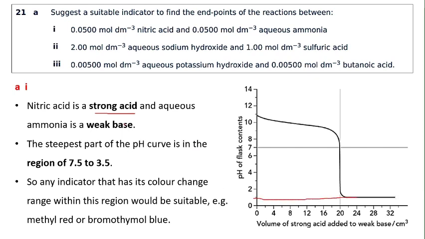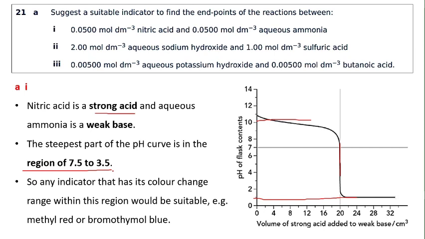Weak base means pH should be less than 14. It should be more close to 7. So here is the weak base line. And if we check out their sharp, straight line, it is coming in between 7.5 and 3.5. So the sharp line pH range is 7.5 to 3.5.